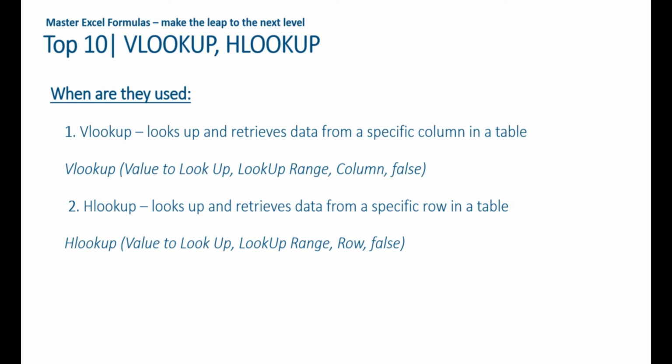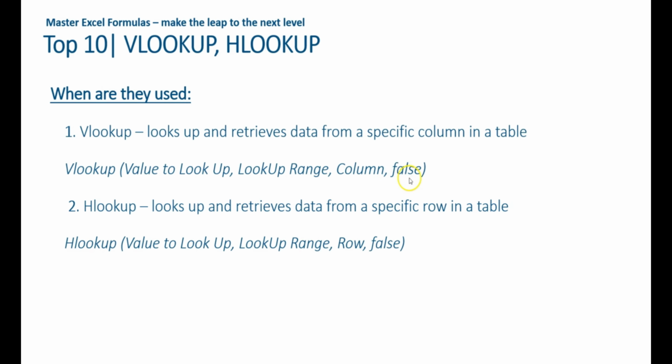What it does is look up and retrieve data from a specific column in a table. What is the structure of the formula? First of all, we need to select the value that needs to be looked up, then the range in which that value needs to be looked up, and then which column the formula should retrieve data from, and then I have written here false, but it can be true as well.